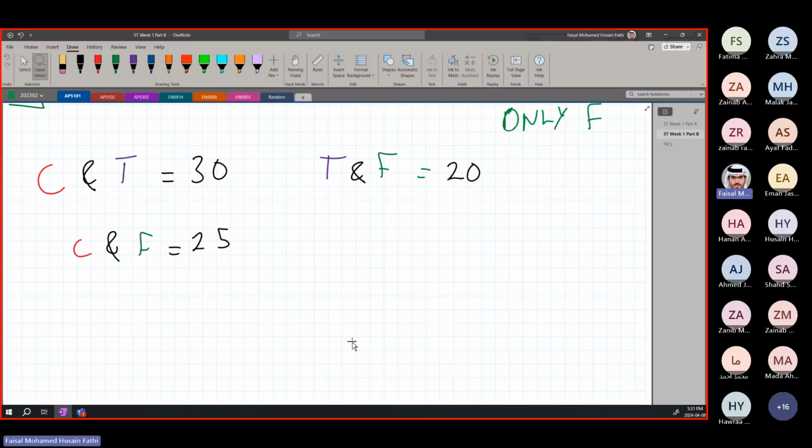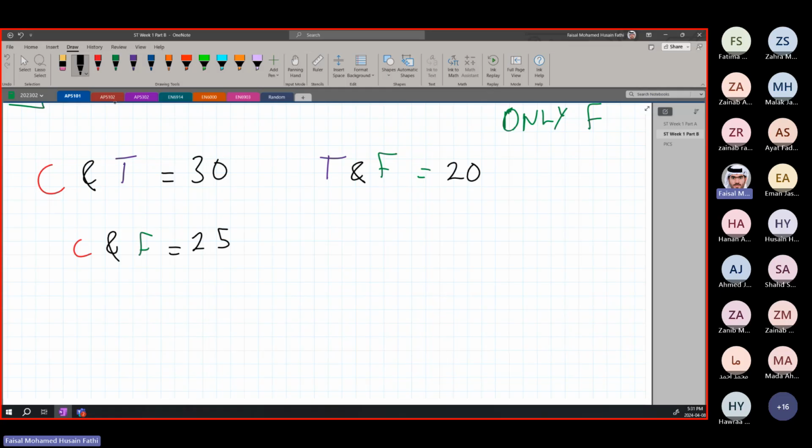So we're going to have to compare each and every one with the other. We have 20 and 25. The number of students here is 20. We have the number of students here as 25. And that means we have a difference of 5 more players that like.